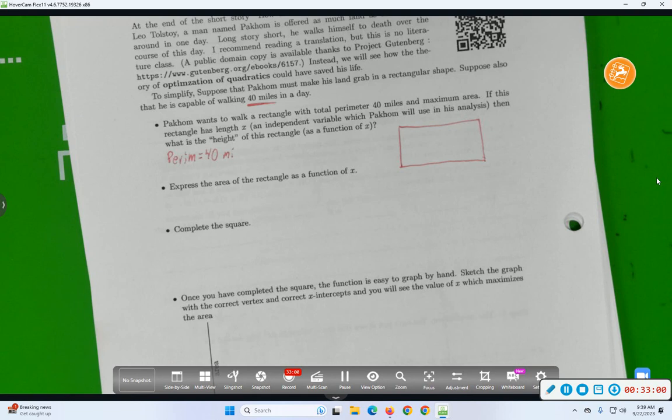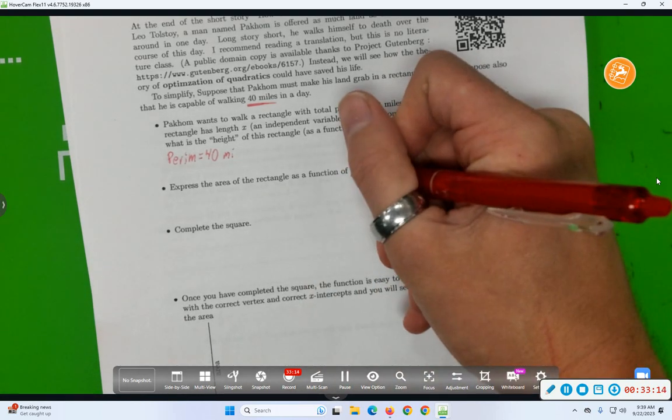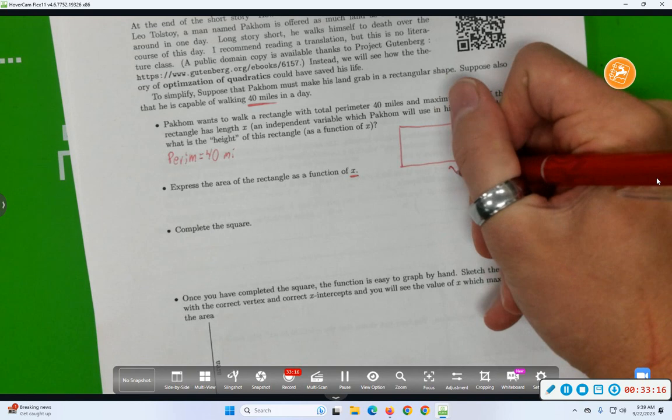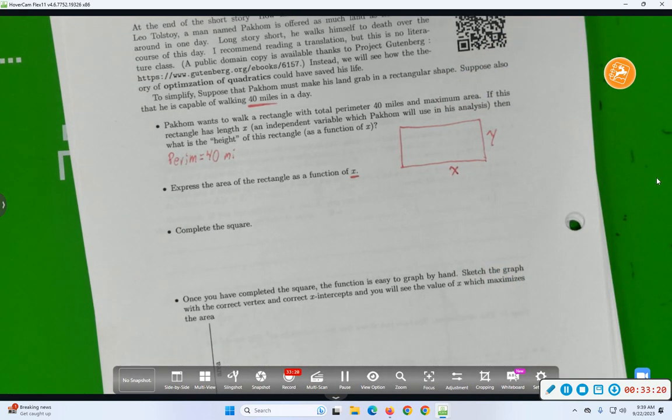What are the parameters that define a rectangle? Length and height seem reasonable. I think those are the best ones to use in this case. Let's make it an x by y rectangle.